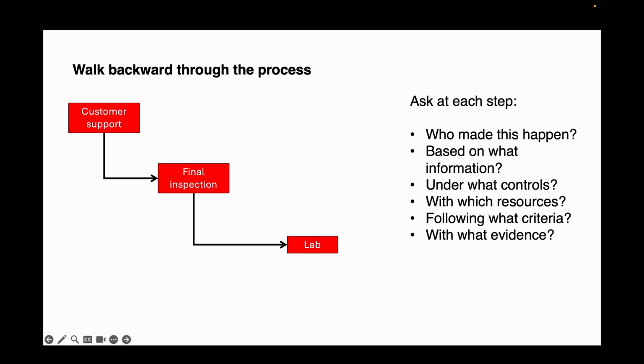This gives the audit sequence a strong logic. Instead of moving randomly from department to department, I am tracing the chain of conditions that had to be true for that result to happen. And if something went wrong, I am tracing the chain of conditions that allowed the failure to happen.